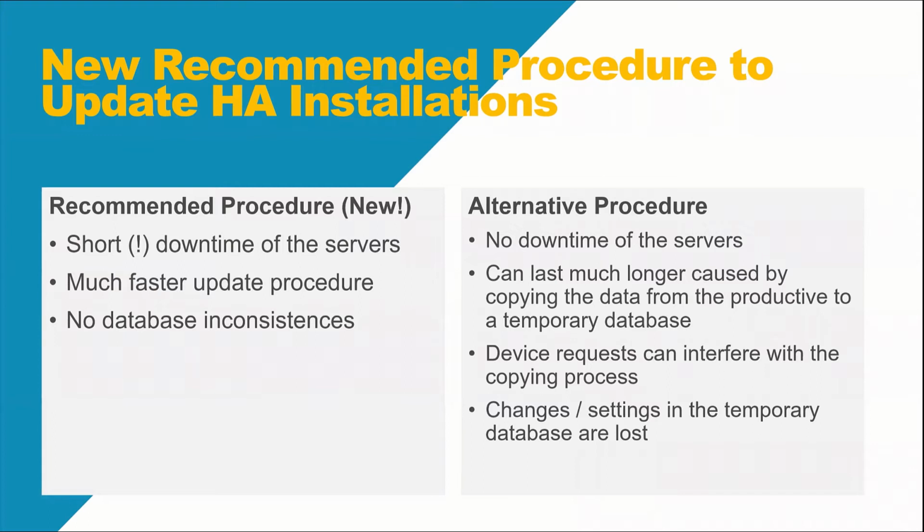And the new recommended procedure does not lead to any database inconsistencies. If you compare it with the procedure we recommended until now, that process does not require any downtime, which is an advantage, but at the end of the day, it lasts much longer because you have to create a temporary database, and all the changes you have made in this temporary database might be lost at the end.